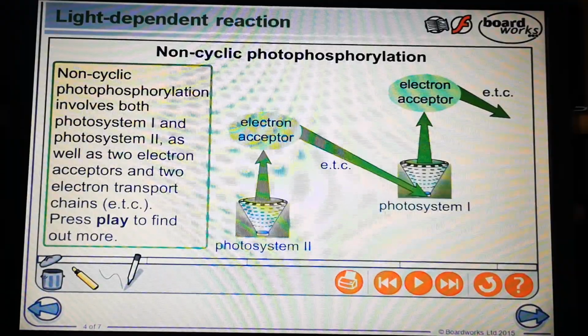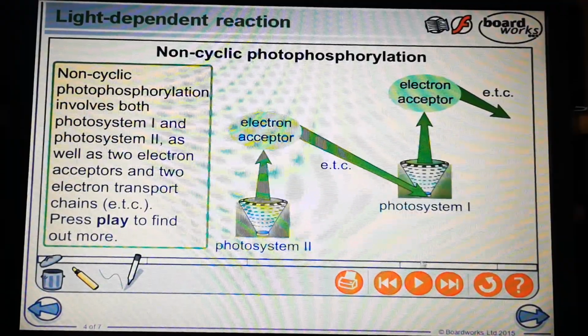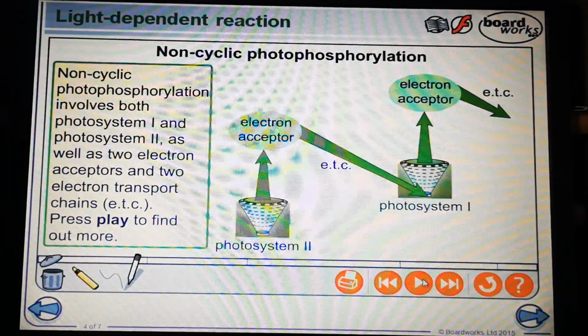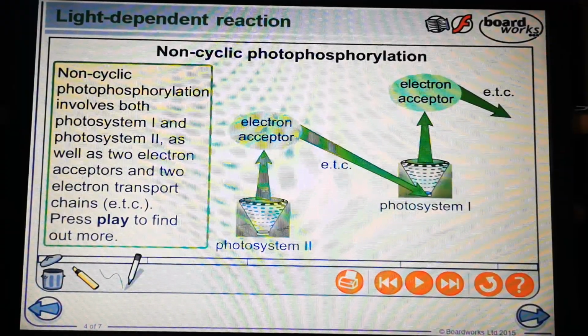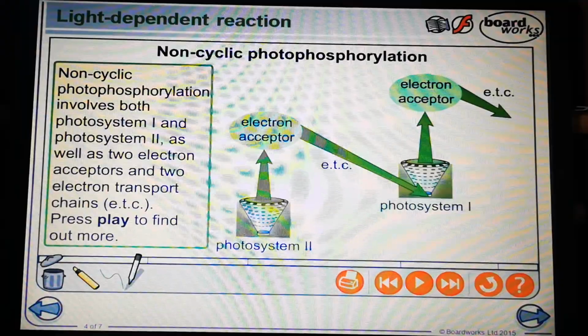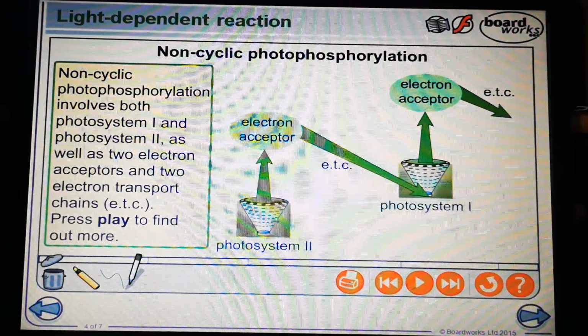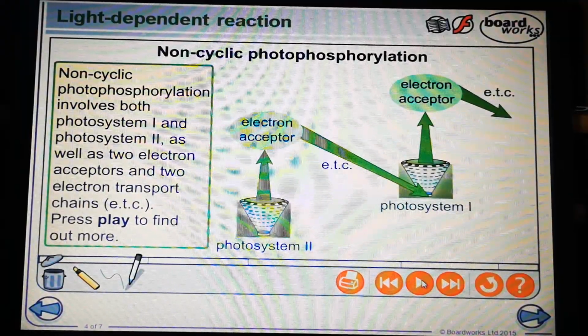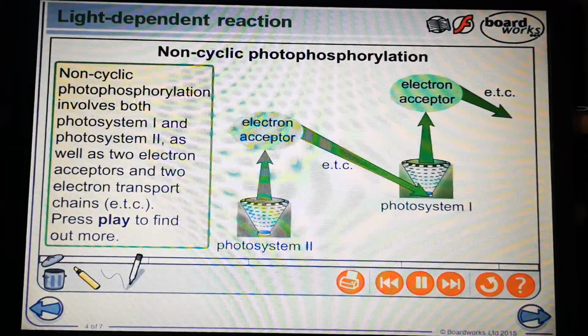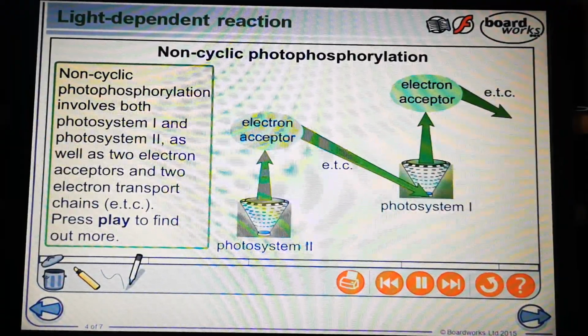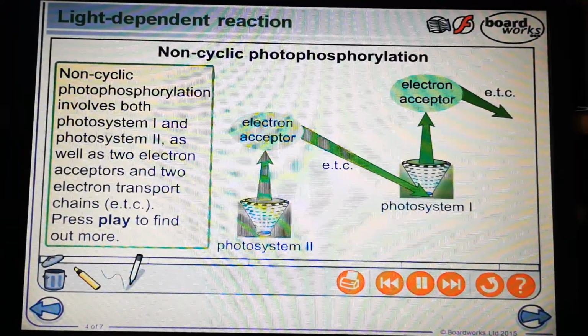So, with non-cyclic photophosphorylation, the first thing that happens is you have light energy that is being absorbed by your chloroplast, by your chlorophyll, sorry. And when that light energy is absorbed by that chlorophyll, it's going to excite a pair of electrons.